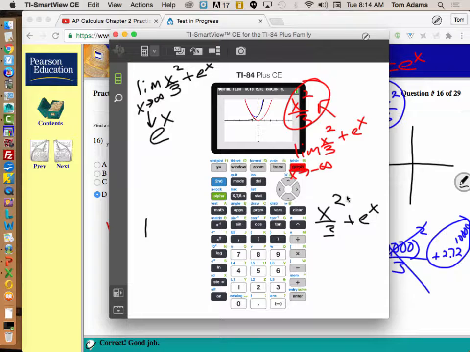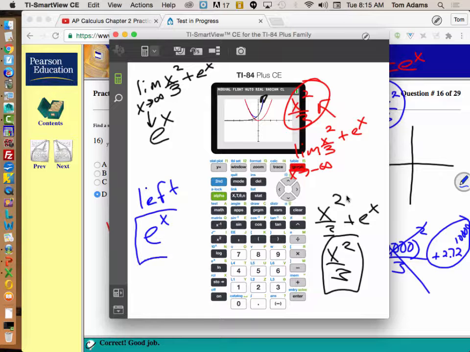Then I would have the calculator just focus on this, because eventually they're going to be approaching the same values. Now if I come over here and I'm interested in the right side, then I would just have the calculator make this calculation, because those values would be basically the same. Does that make sense? Okay, cool.